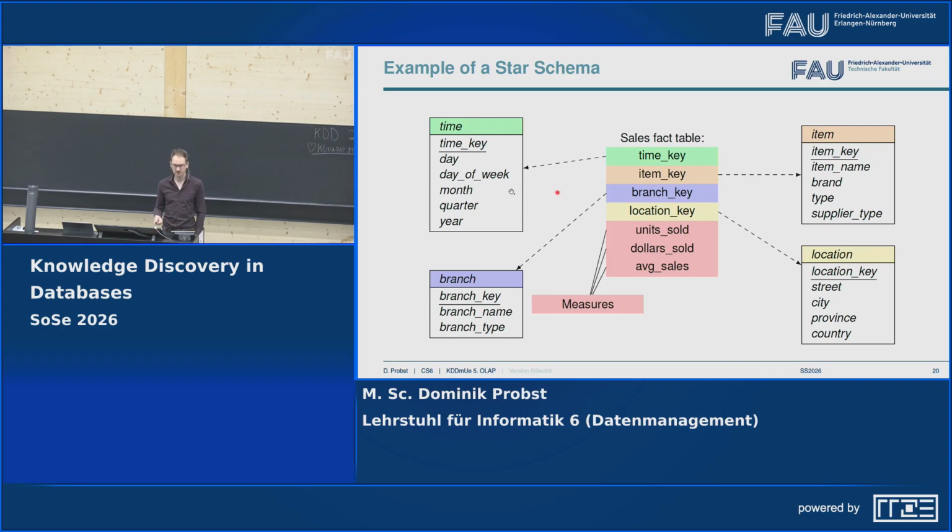For example, the time table has day of the week, month, quarter, and year as different granularities, and all these granularities are stored in the same table. So we only need one foreign key to link to this single table. That's a star schema.